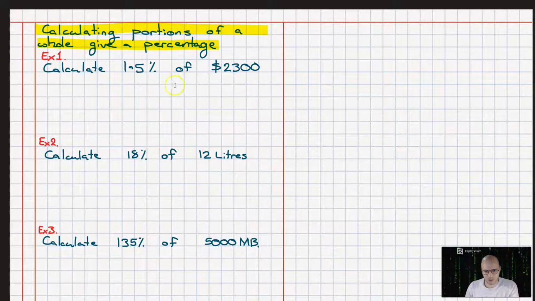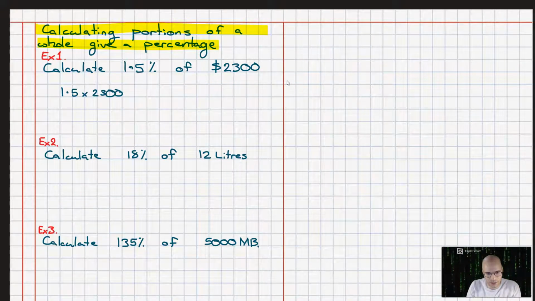What we're going to do is find 1.5% of 2300. The method in which we do that is we get the percentage we want and we write 1.5 like so. Then we multiply it by the whole amount, so 2300 in this case.